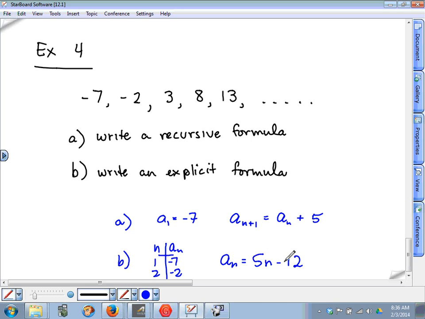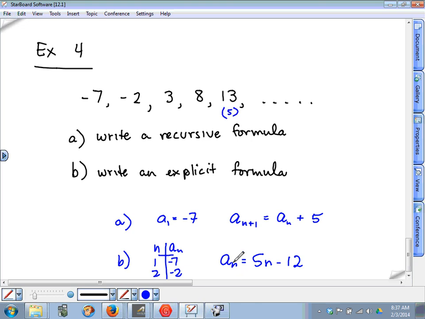Let's test this. 5n minus 12. If n equals 1, what are we supposed to get? -7. Does that work in this formula? If n equals 1, we get -7. If n equals 2, we're supposed to get a -2. Here, if n equals 2, 5 times 2 is 10. 10 minus 12 is -2. Now, it works for the first two terms. We got to test that it works for everyone, though.